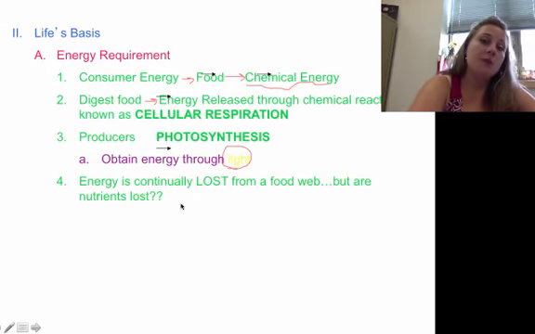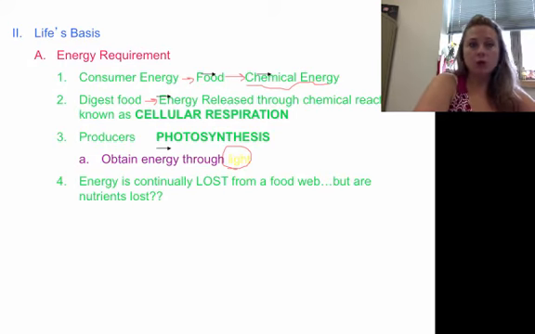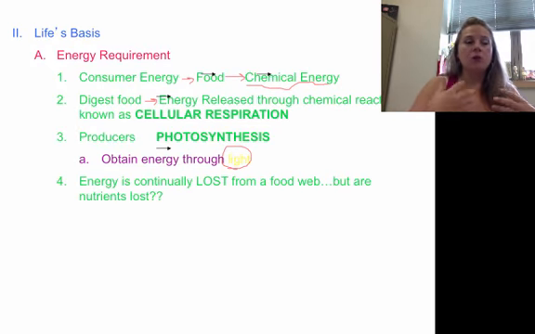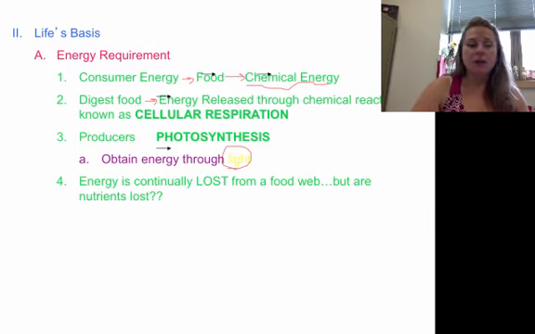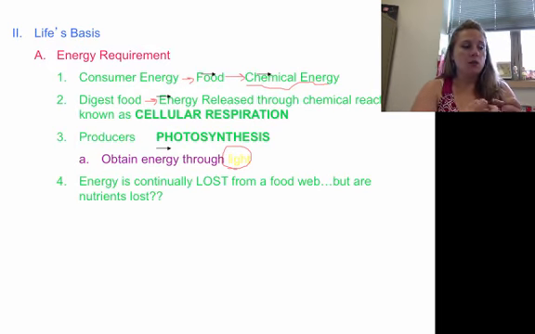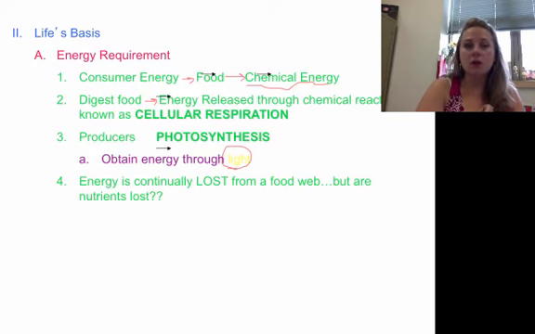Now here's the thing, if I go back to remember when we talked about why were the arrows shrinking from the sun as we went through the food chain, and that's because energy isn't always 100% transferred. Energy gets lost from a food web. It gets lost in the form of heat. And as I eat my lunch, the energy that was stored in there doesn't all come to me.